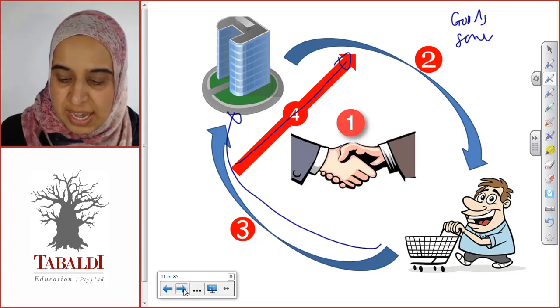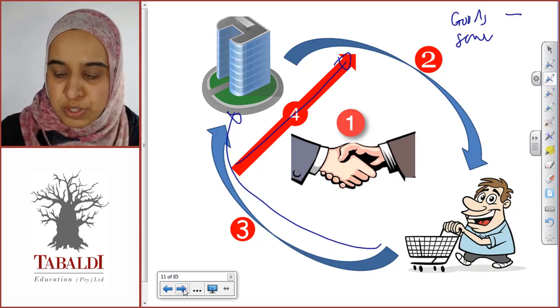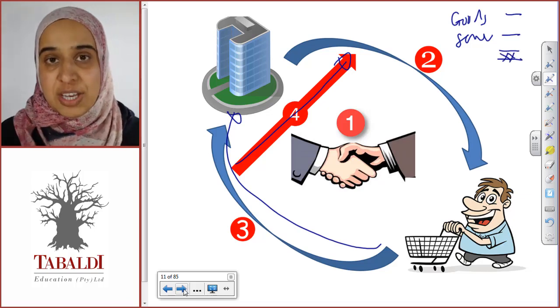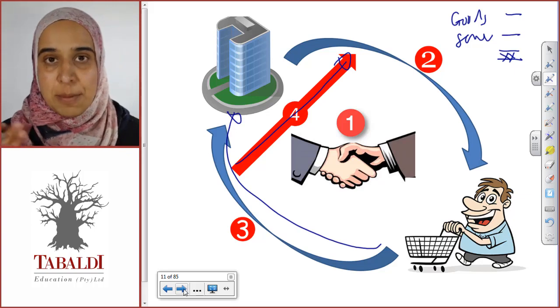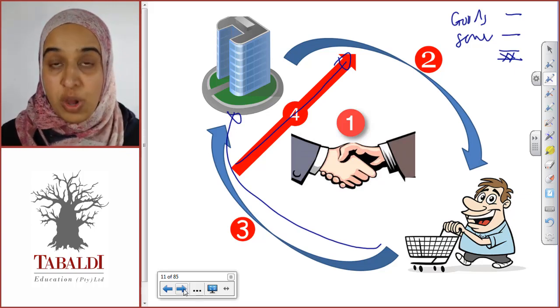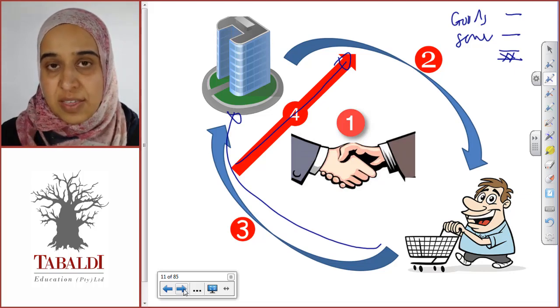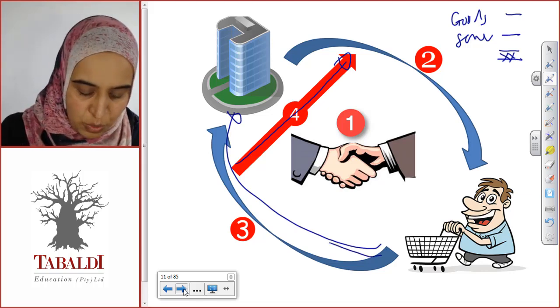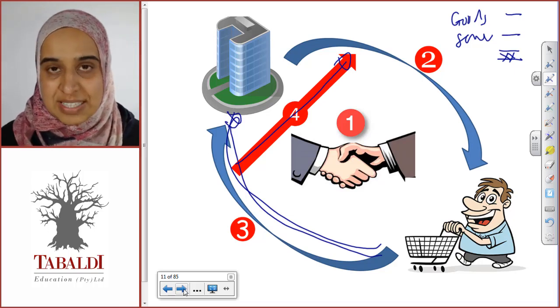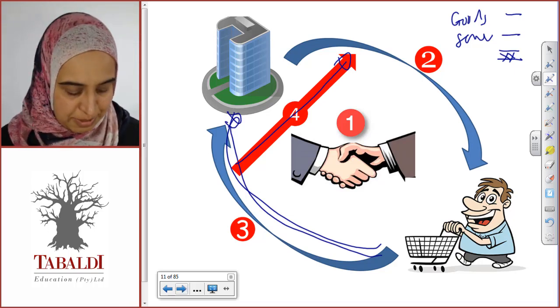Now we need to allocate that cash. A portion of it will go to the goods, a portion of it will go to the service, and the total will be the total cash that is expected to be received by the company from the customer. So now what we need to do in step 4 is allocate then the transaction price, so what the customer is paying, to the performance obligations, what the company is giving to the customer.